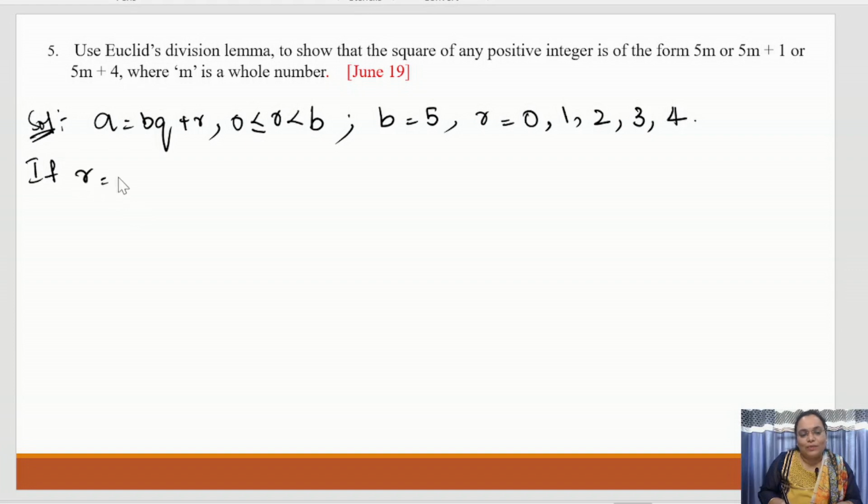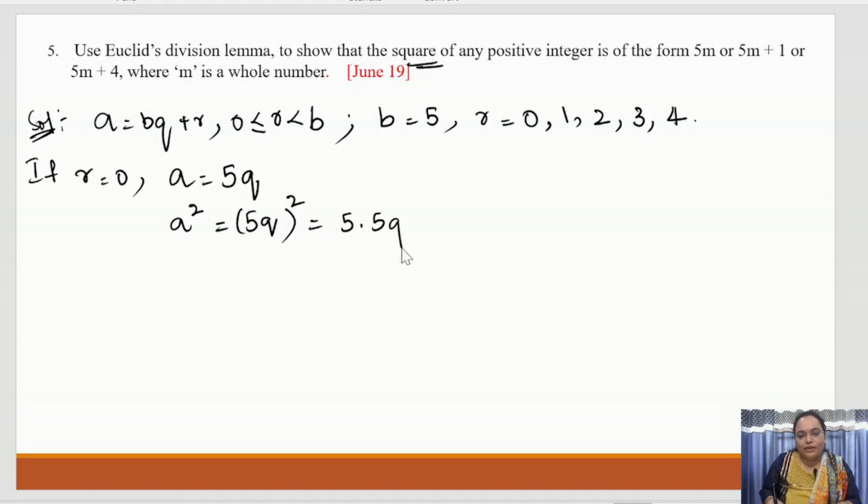If r is equal to 0, you will get a is equal to 5q. We need to show the square of any positive integer, so let us take squaring on both sides. a square is equal to 5q whole square. So I can take it as 5 into 5q square and replace 5q square with m.